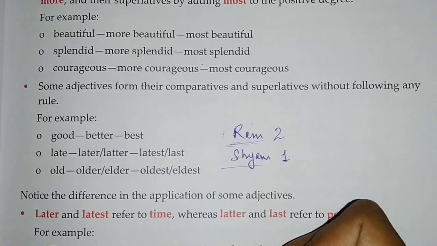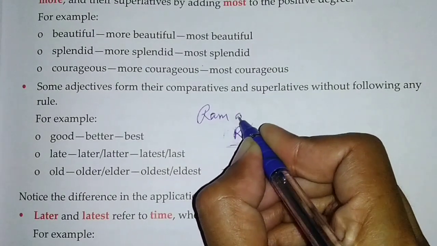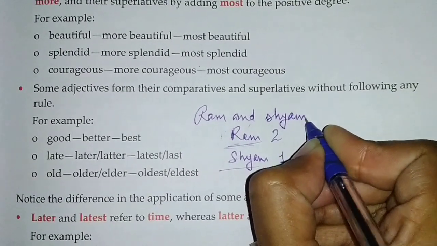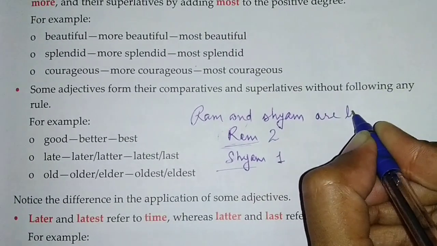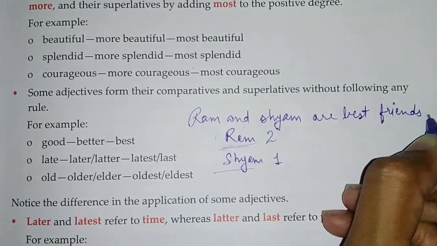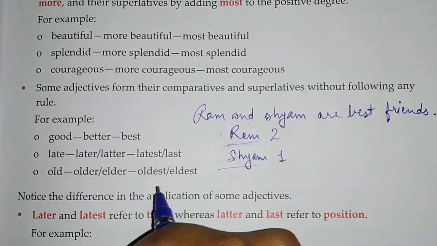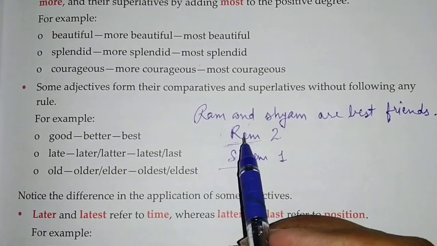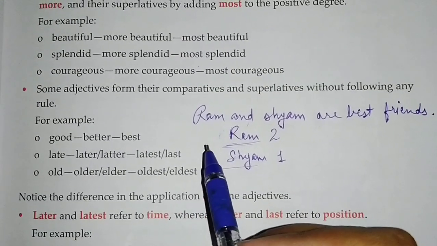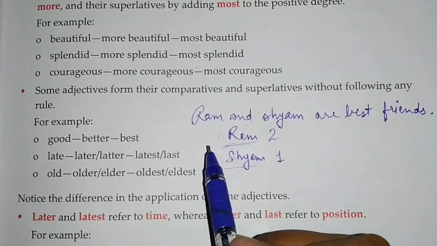One more example you see. If I say Ram and Shyam are best friends. Sentence is Ram and Shyam are best friends. Now my next sentence is the former is very intelligent and the latter, this one, the latter is a good player.